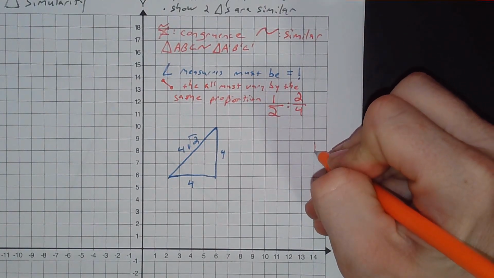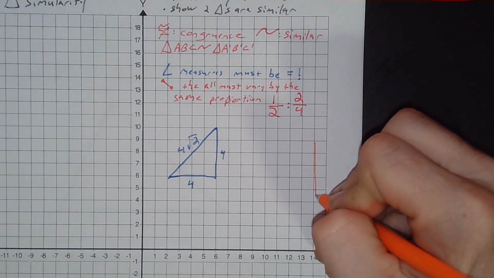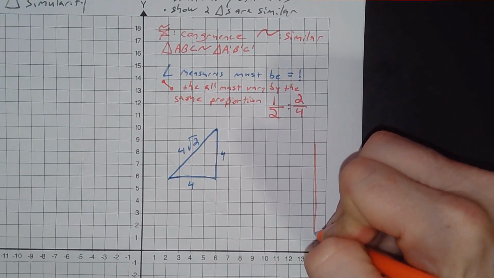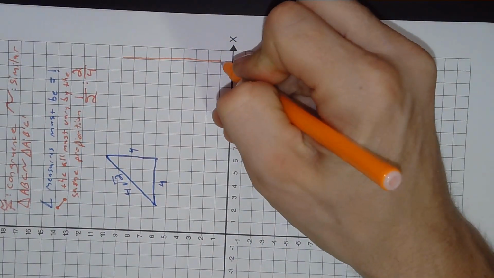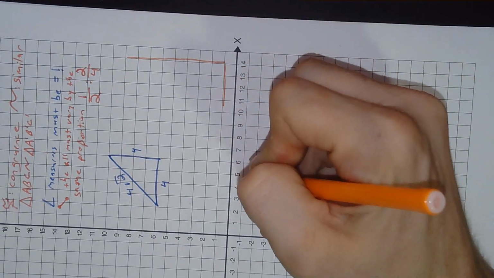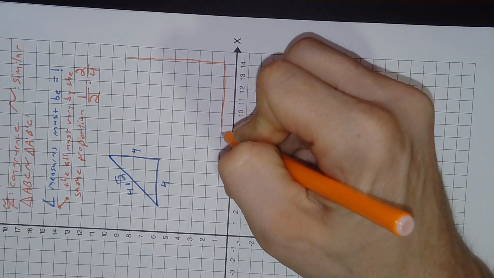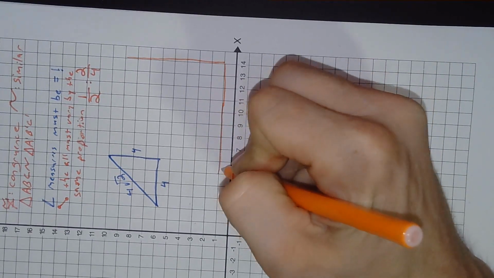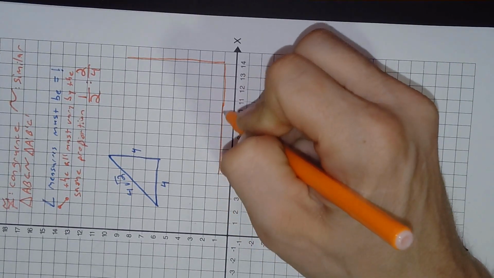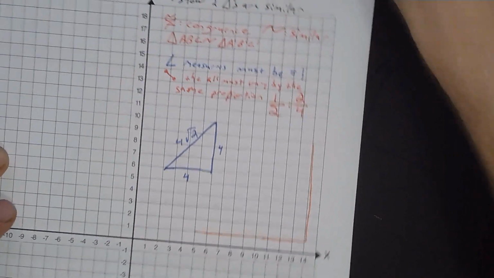Go 1, 2, 3, 4, 5, 6, 7, 8, and 1, 2, 3, 4, 5, 6, 7, 8. It's late at night.